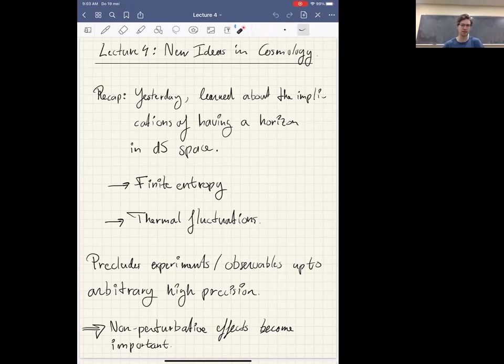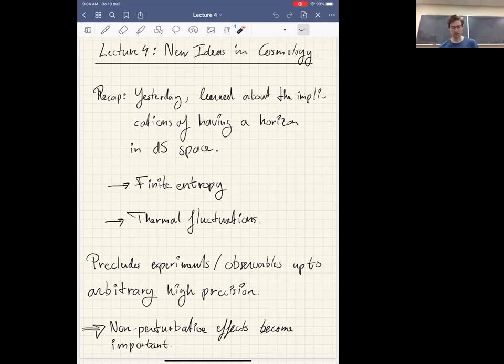Some of these developments are not necessarily approaching this problem from a swampland trajectory, but I think there are very close relations, and that is something I would like to stress today.